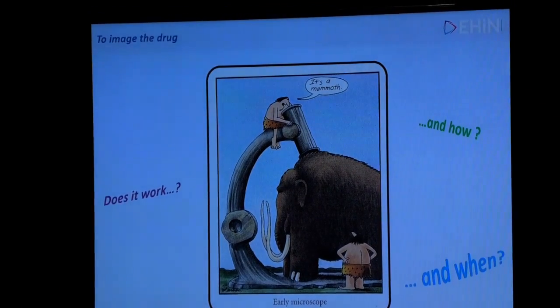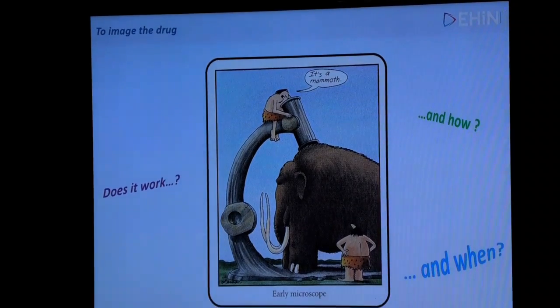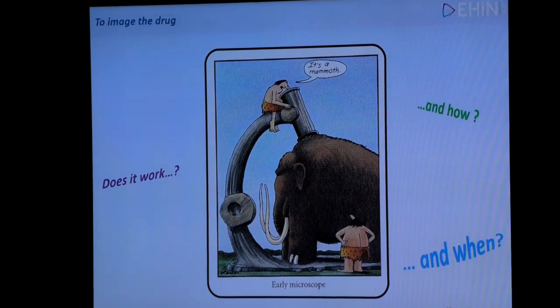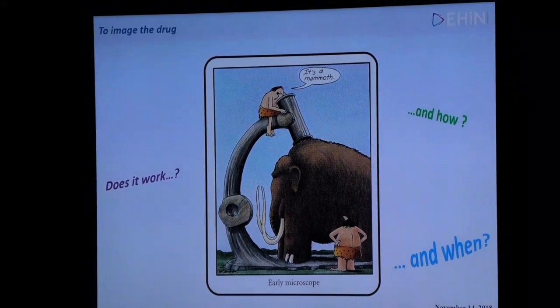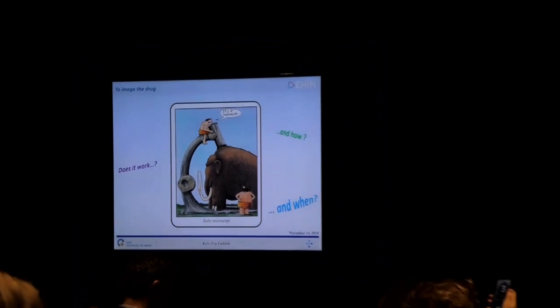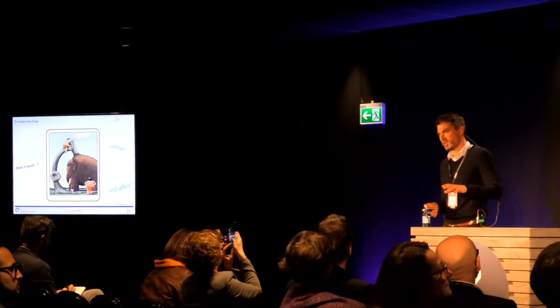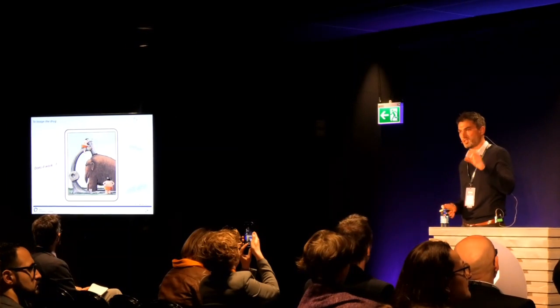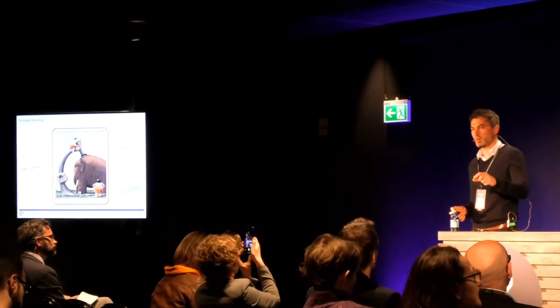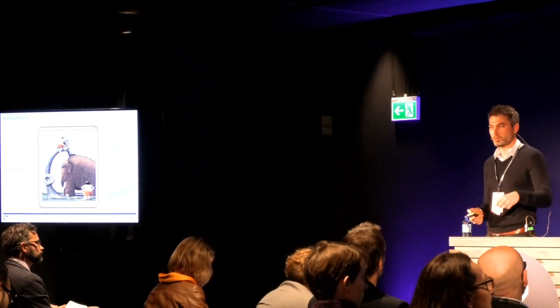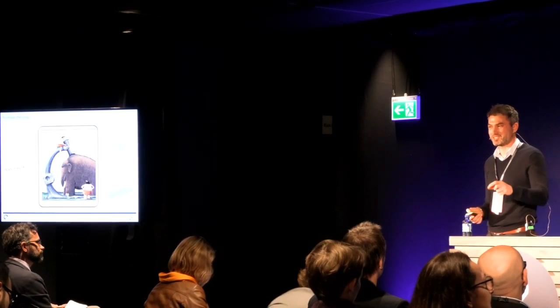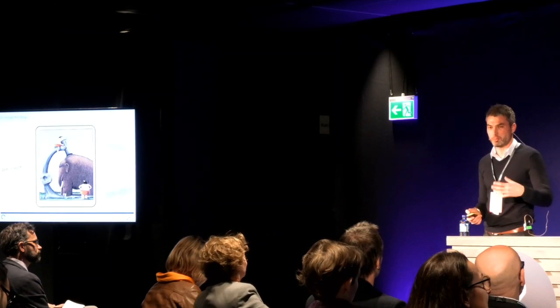Because treating a group of patients with the same drug is not the same as treating every single patient with the same outcome. So we need to identify what's going on from an imaging perspective. Our take is that you can't do a tissue sample or a blood sample of the patient every time, but you could do imaging over time.